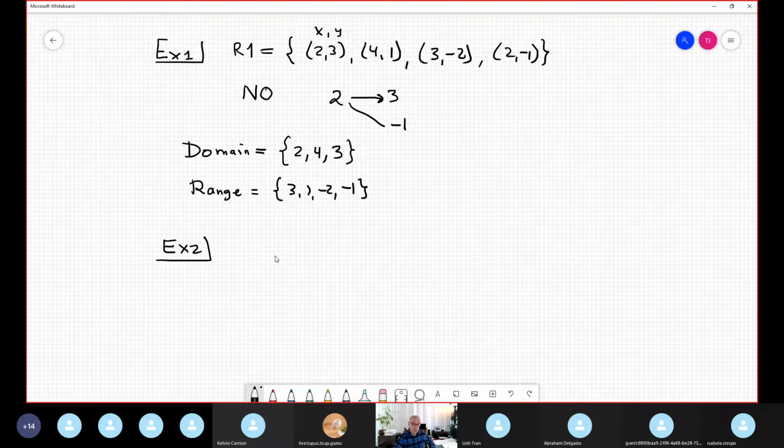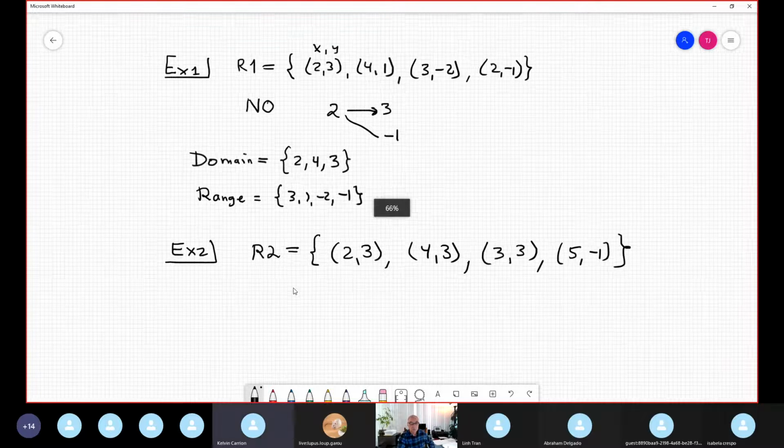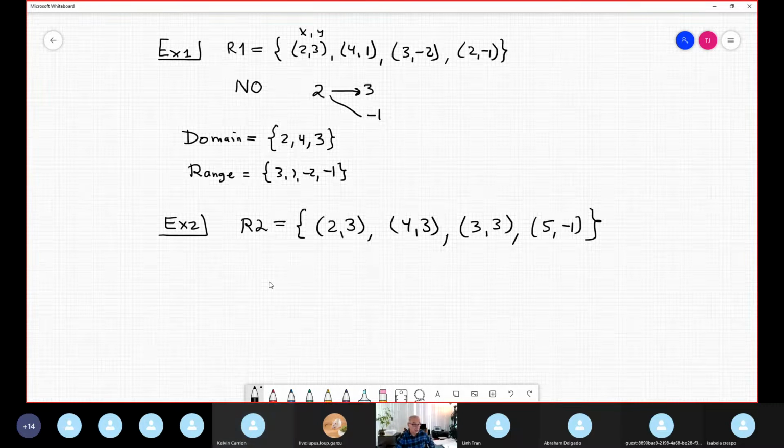Suppose this relation 2 is (2,3), (4,3), (3,3), and (5,-1). My question is: is it a function or no? Yes or no, and the reason.